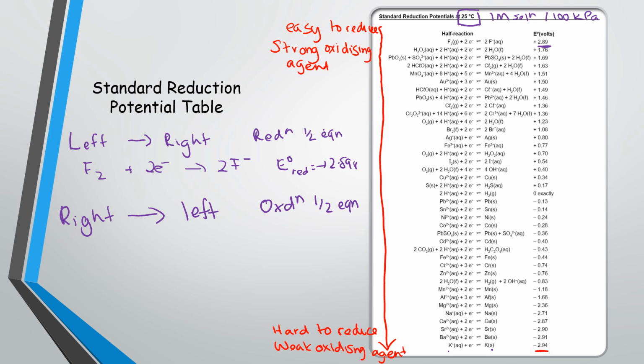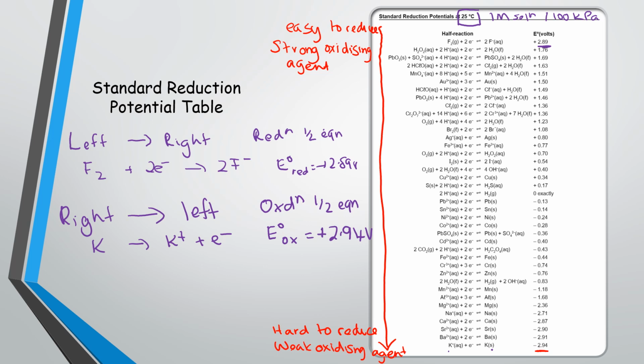Because we're going from right to left, say we look at potassium, goes to potassium ions plus an electron. So it's an oxidation half equation. Because we've reversed the direction, we reverse the sign. It's the opposite sign. So the E0 for oxidation is now positive 2.94 volts.